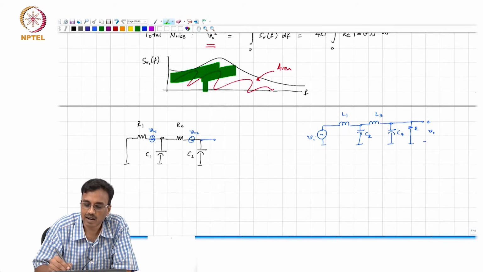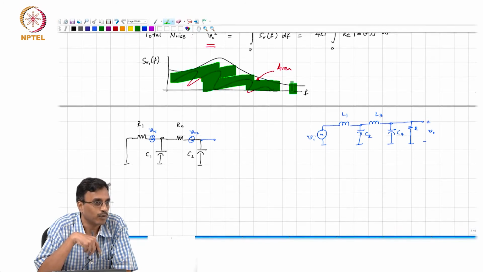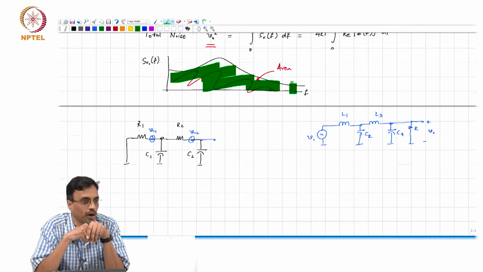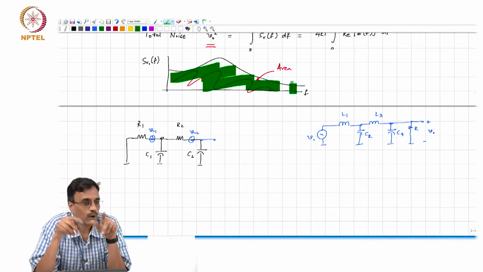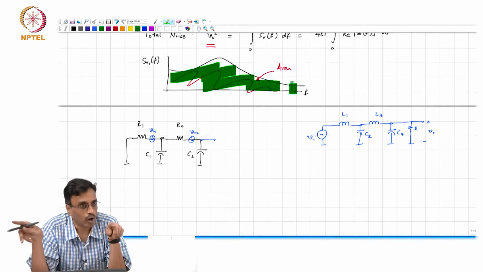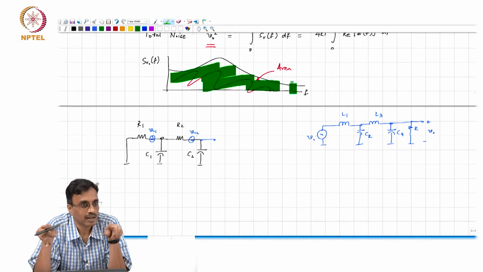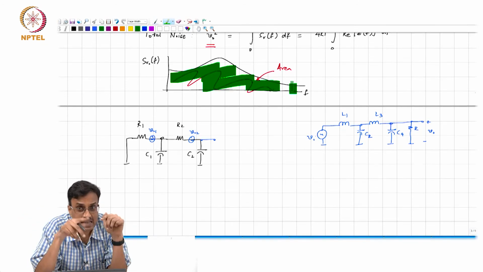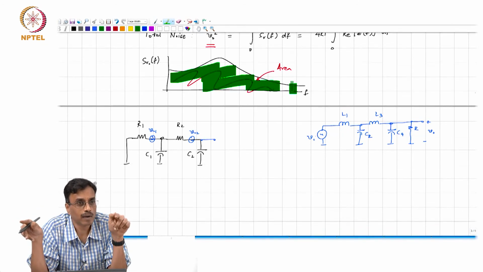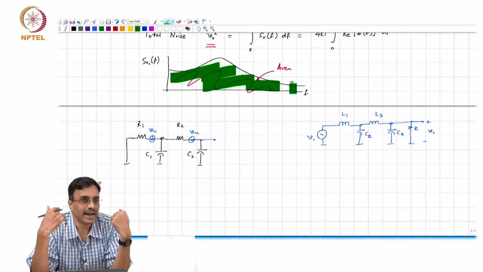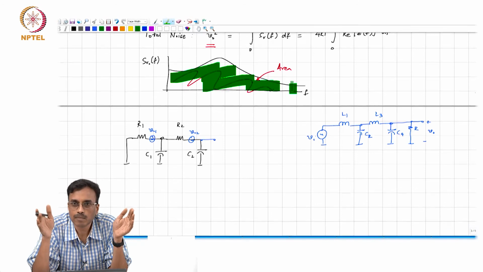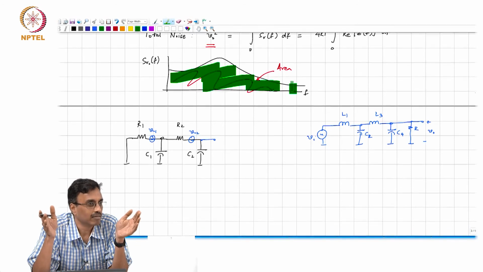So, this is like finding the area under the curve, right. To find the area under the curve, to write the magnitude response, square it and integrate it over all frequencies, right, is to do a whole lot of work to get the details of the spectral density at the output, and then throw away 99% of that information, since you are only interested in the area under the curve, right.